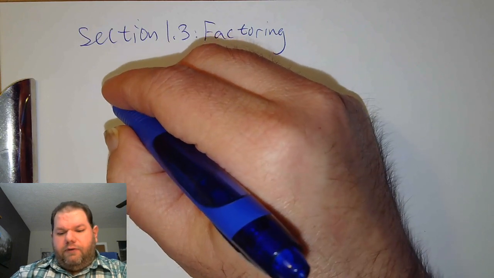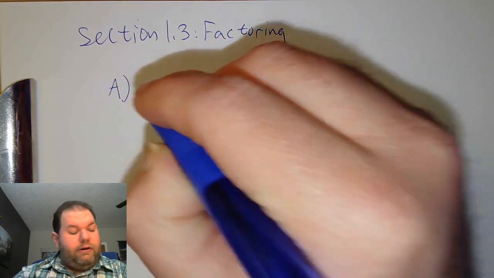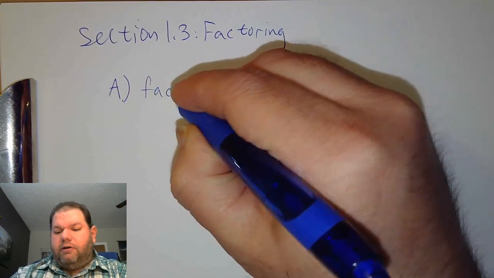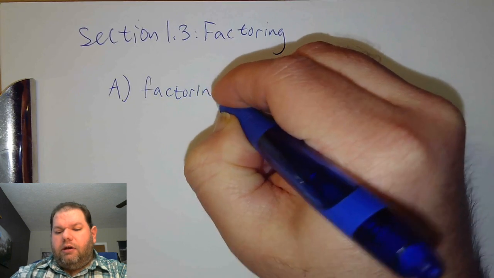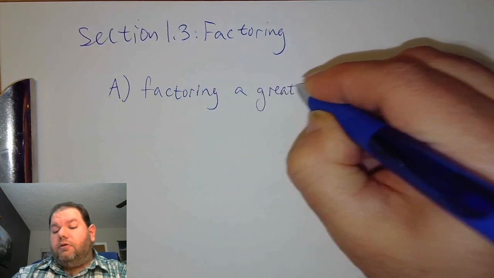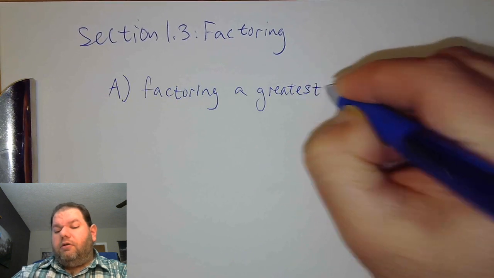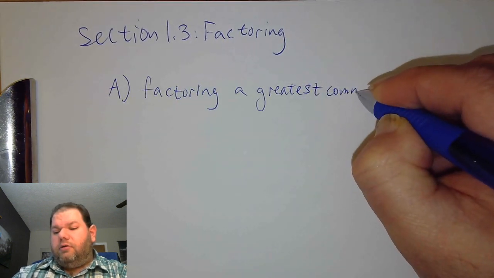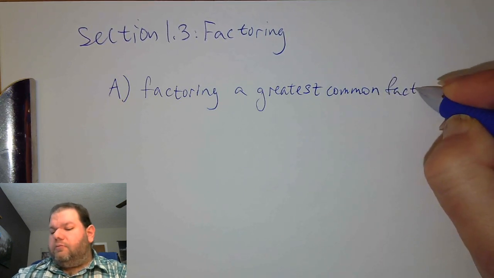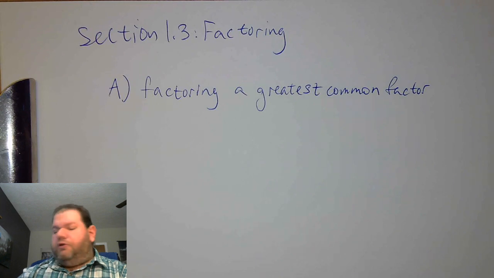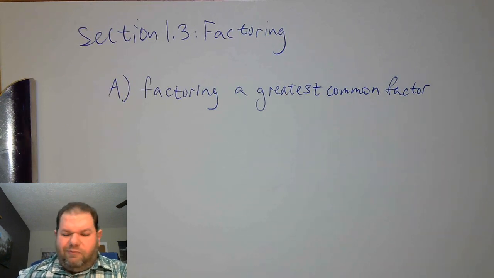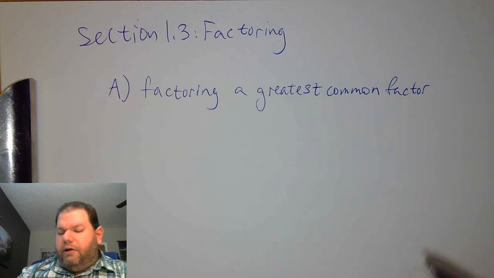So the first thing that we look at will be factoring a greatest common factor. Which sometimes we'll refer to as GCF, but usually we don't have to write it down anyway.